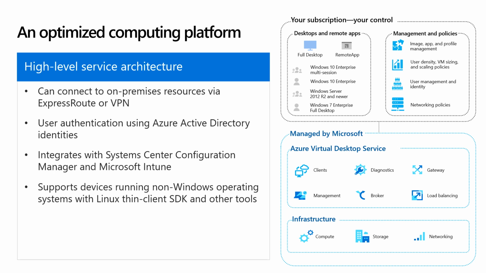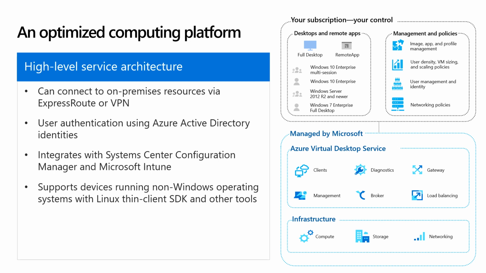If we take a look at a high-level architecture of the service, over on the right-hand side, at the top, under your subscription, you'll see the parts of the service that you control. So the actual full desktop or remote applications and the operating systems that you can deploy in Azure Virtual Desktops.